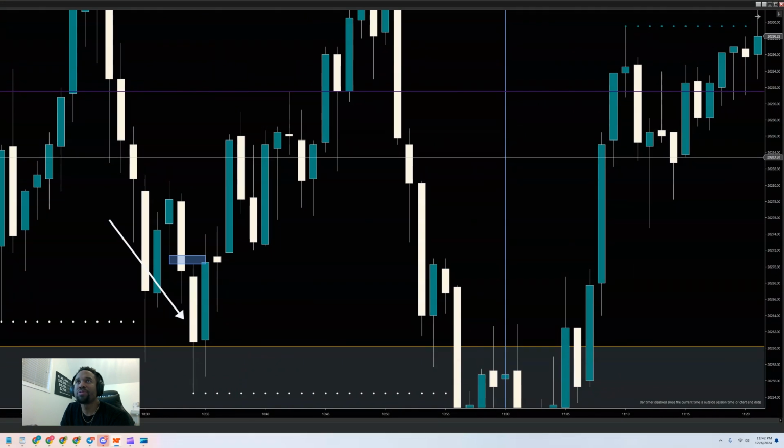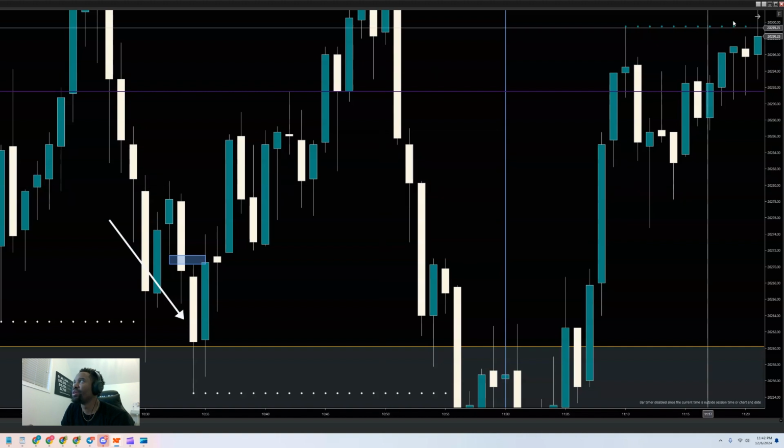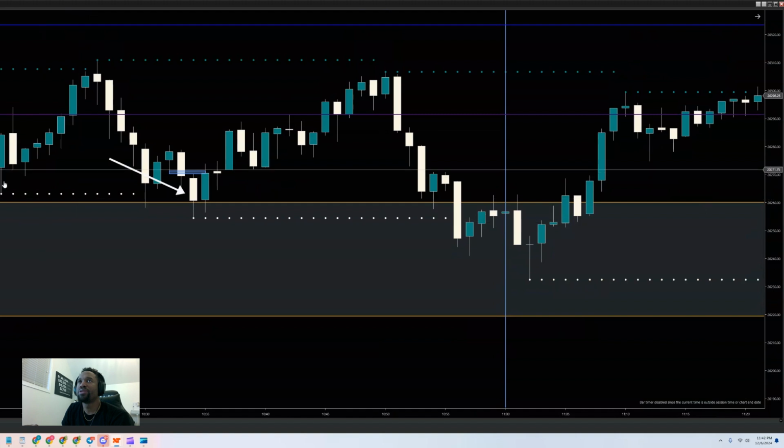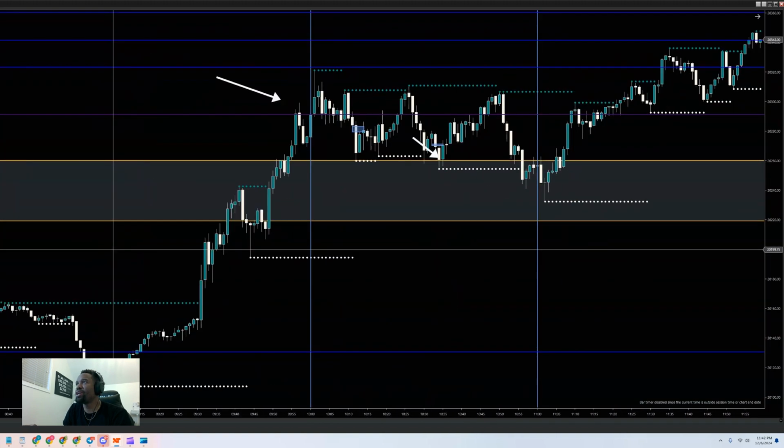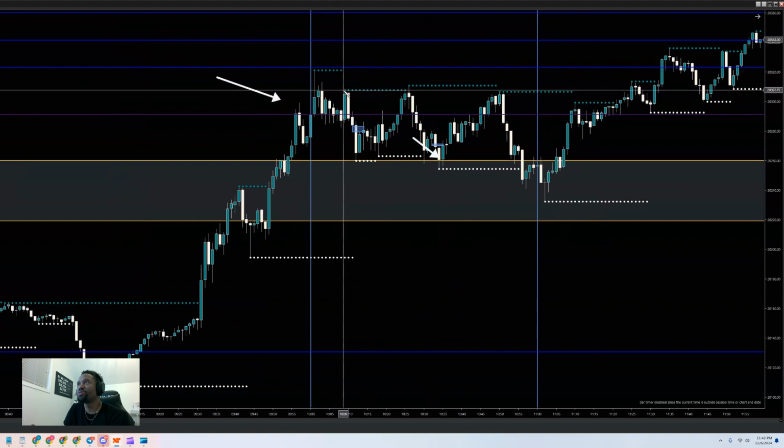So this was the first gap right here. So that was the first gap if you're doing it in the way of not waiting for structure. And let's see what this one did. Our stop loss would have been the previous swing high. Yep, right here.